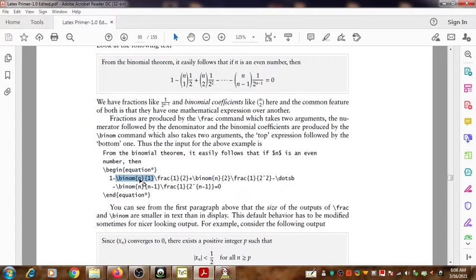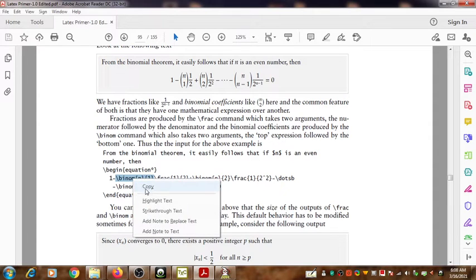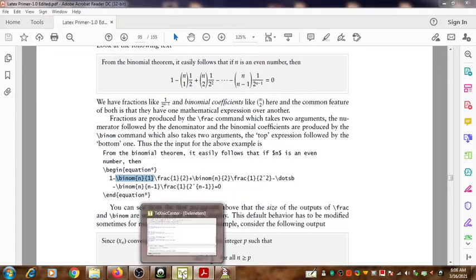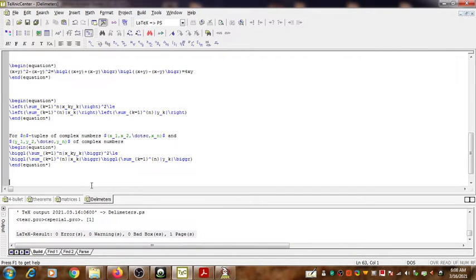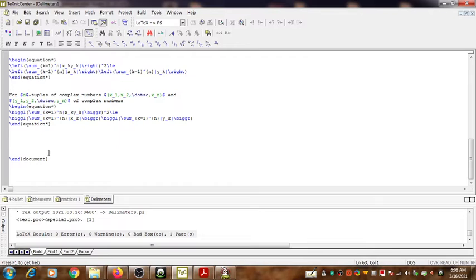Okay, so I am going to copy it and show you separately the effect it produces in the program. I type only that portion that creates the binomial expression. In order to make it, you have to type it in a mathematical environment, so I use single dollar symbols.